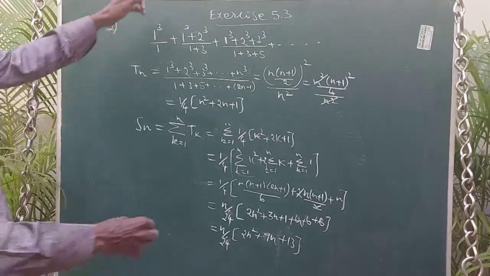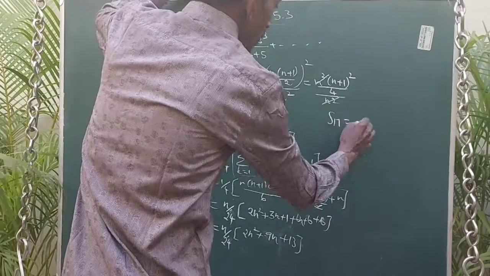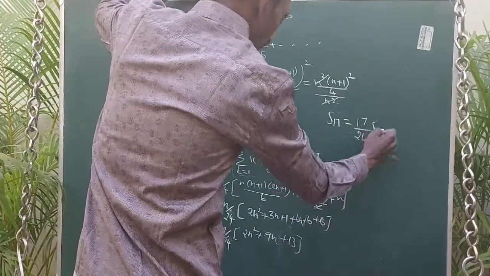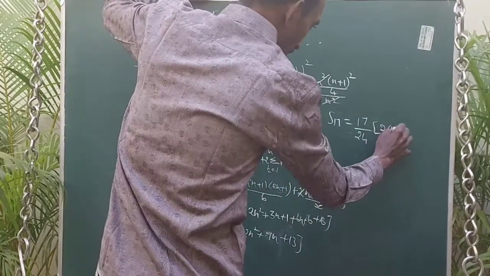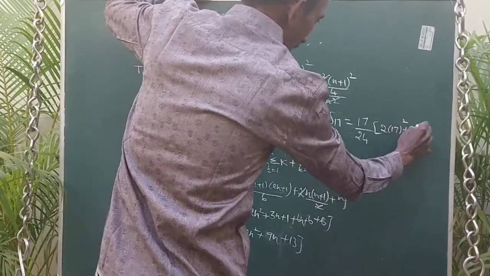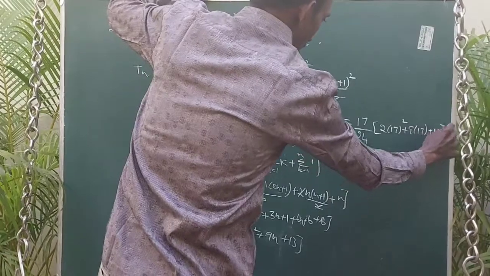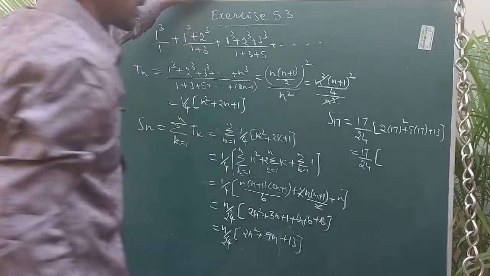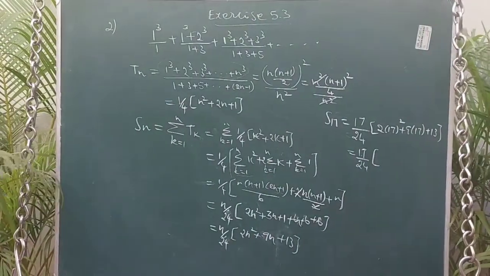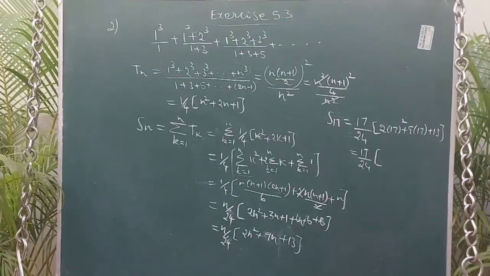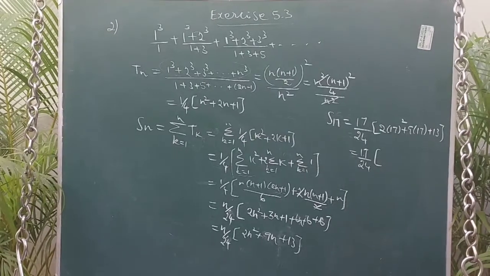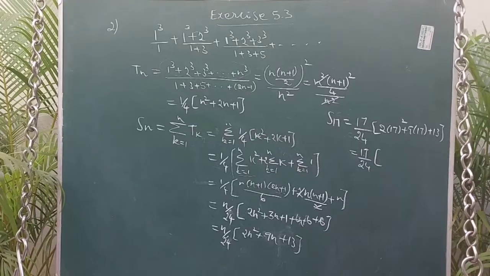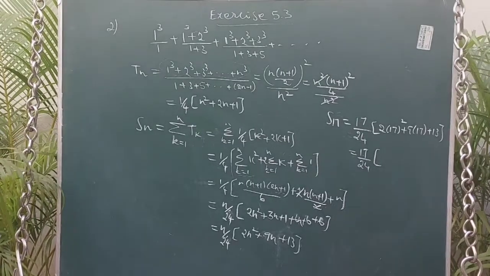Here they are asking the sum of the first 17 terms. So put n equal to 17 here. So 17 by 24 into 2 into 17 square plus 9 into 17 plus 13. What is 17 square? 17 square into 2, we are getting 578, plus 9 17s are 153, plus 13.